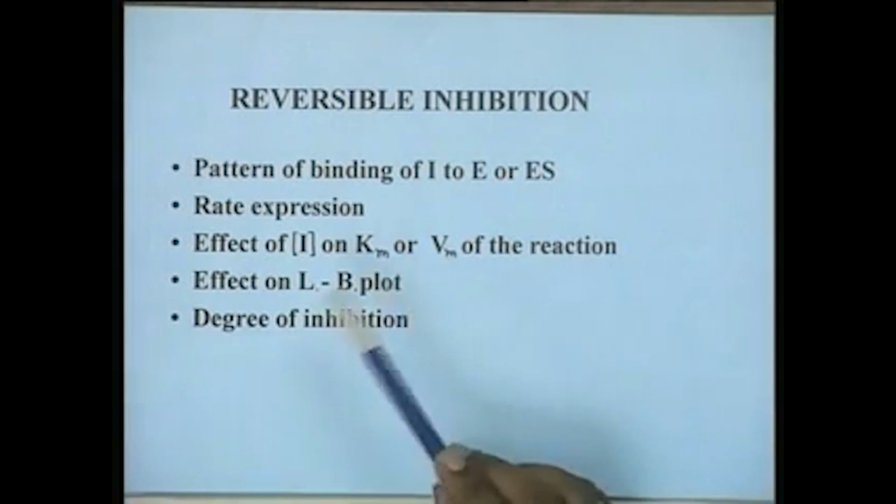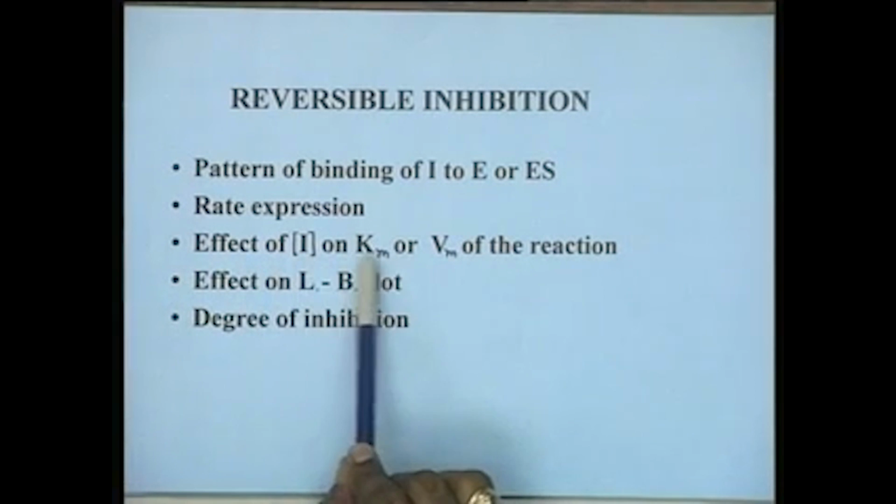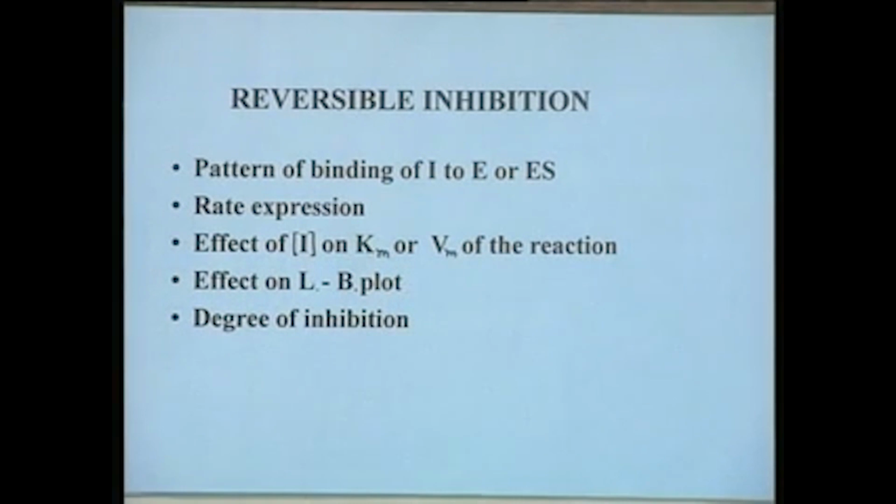Then another feature which can be looked at is the effect on the double reciprocal plot, the Lineweaver plot, and the nature of the Lineweaver plot, which is influenced as a function of inhibitor concentration, will also tell you about the class of a particular inhibitor.